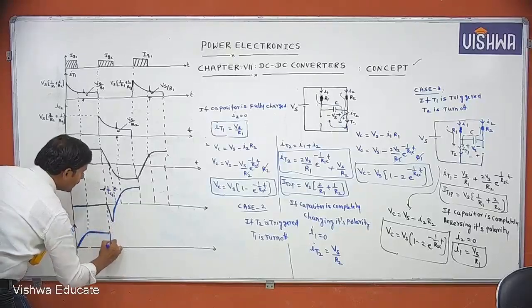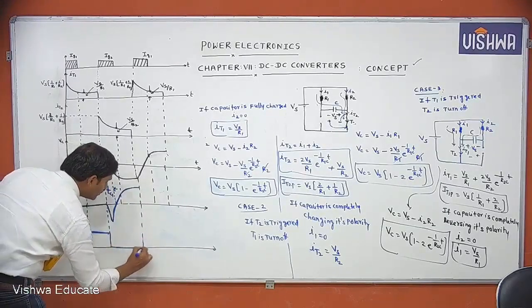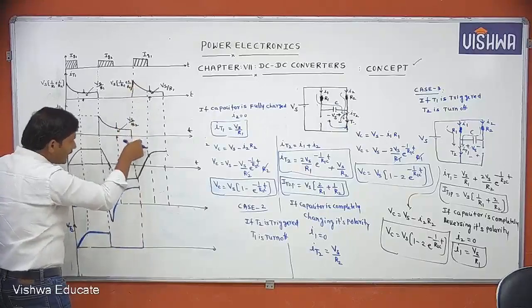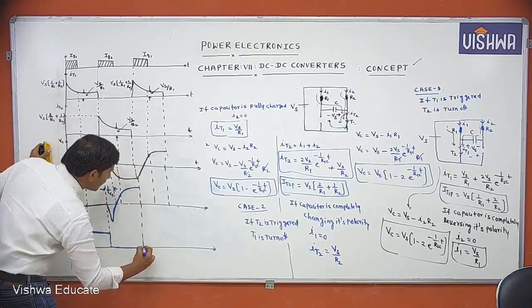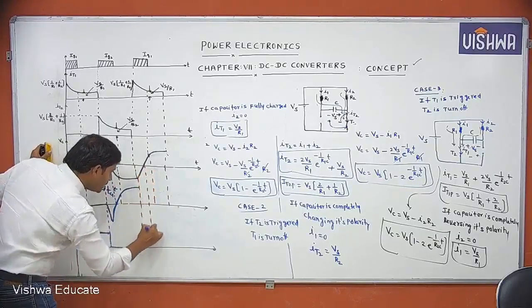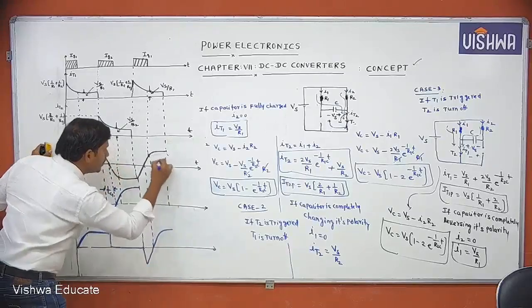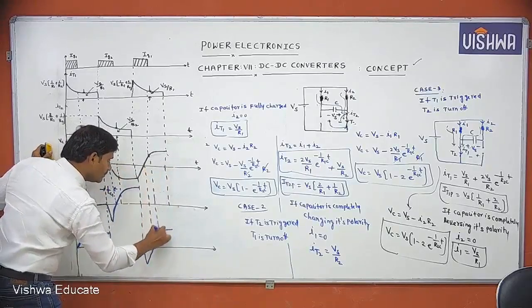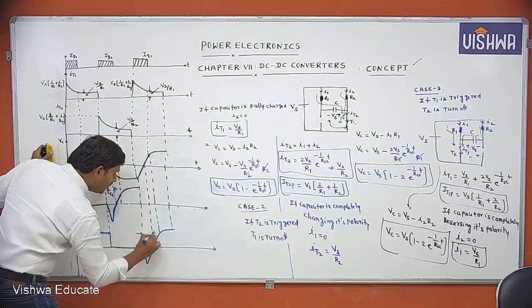Here T2 is triggered now. T2 is conducting means the voltage across T2 is 0. Here T1 is triggered means a reverse voltage will appear across T1. Then slowly it is charging to a voltage of Vs. And this circuit turn off time equals Tc2.